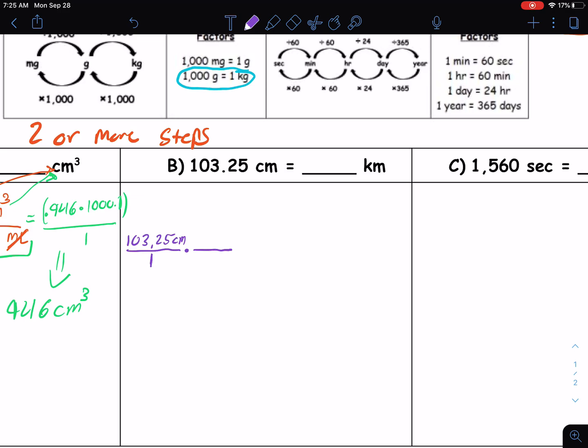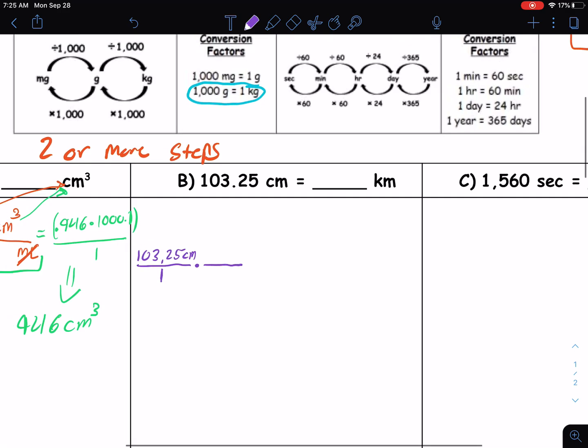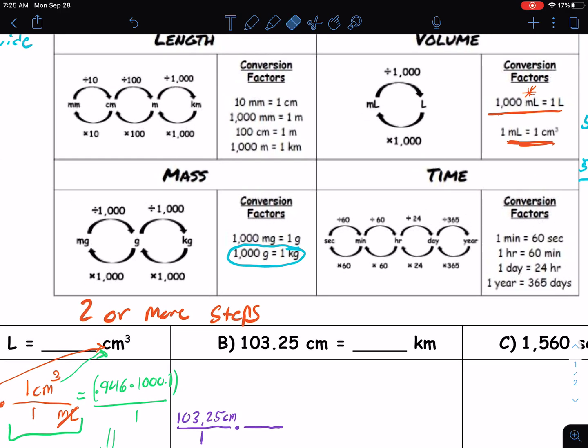Well, we need to go from centimeters to kilometers, but when we look up at our conversion factors, and we look at length, I can't go straight from centimeters to kilometers. Kilometers is down here. So we have a problem. We can't go straight from centimeters to kilometers in any of them. I have a centimeters here and a centimeters here, and neither one of them go to kilometers. But remember that we have to go up.